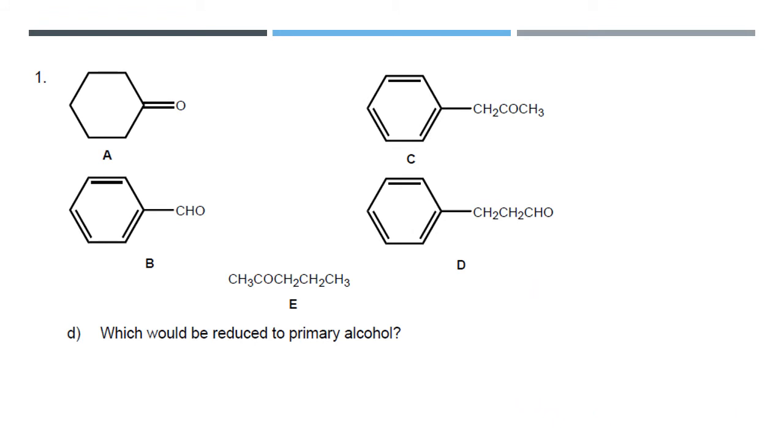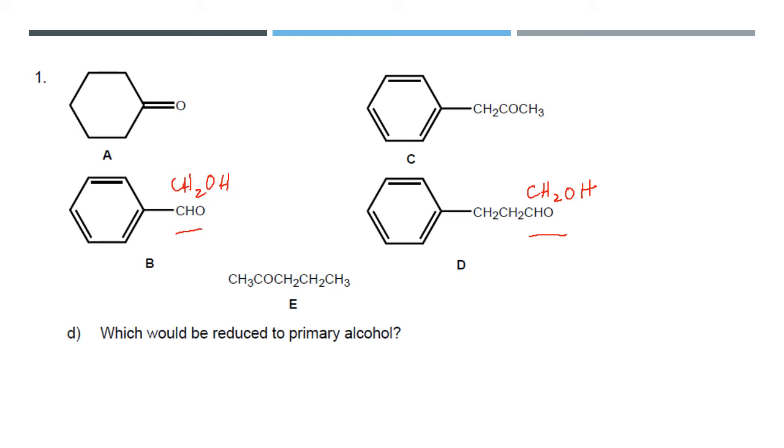Now, which one of these is going to become a primary alcohol when reduced? The answer would be aldehyde, because it is going to be reduced to become CH2OH. This is a primary alcohol. The end of this compound also is going to be CH2OH. But if you try to do reduction on a ketone, you're not going to get a primary alcohol.